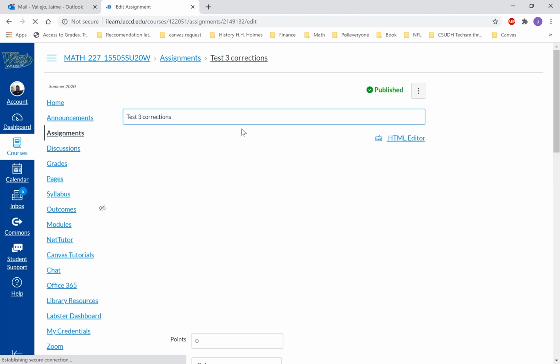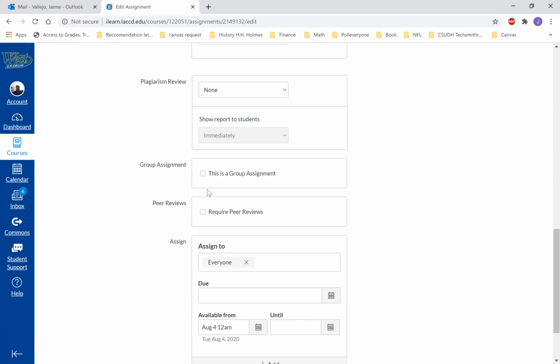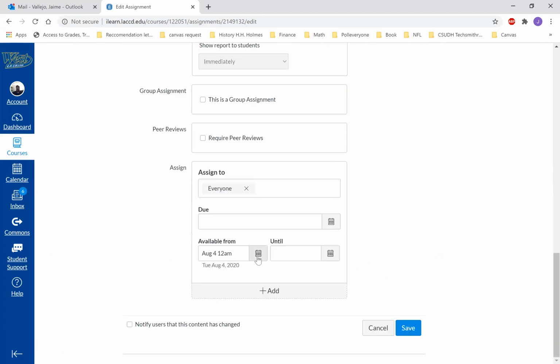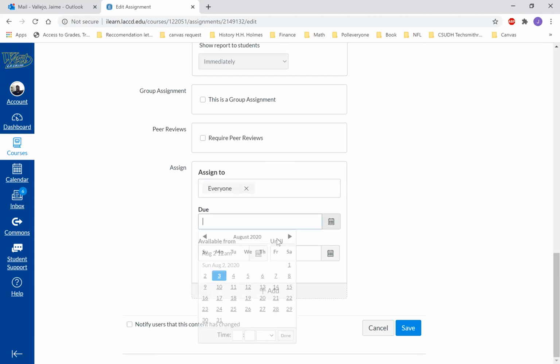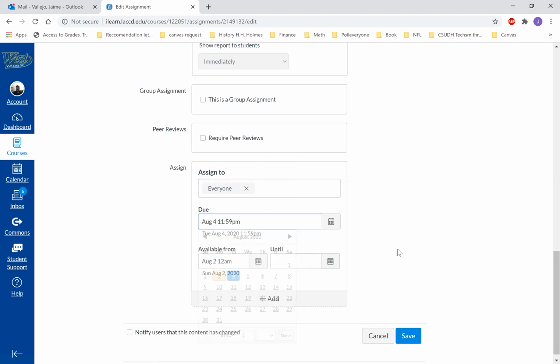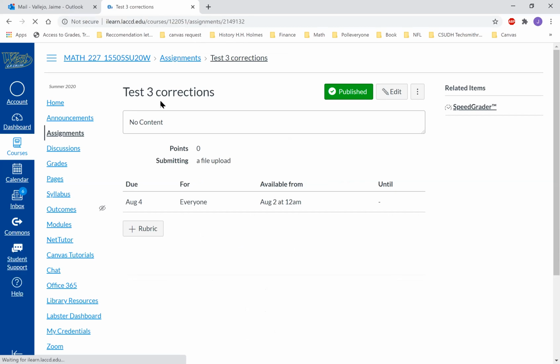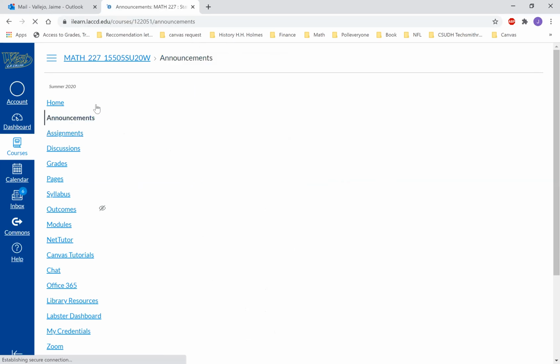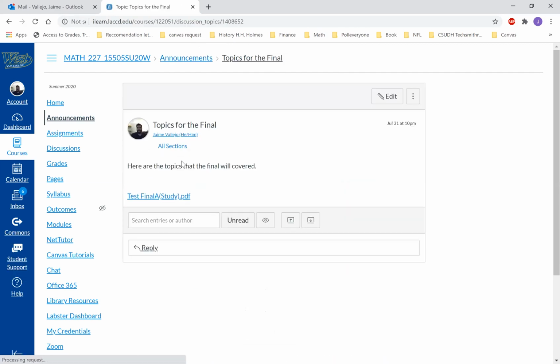Just remember, test correction will be due tomorrow. So if you still haven't done your test correction, do get it done as soon as possible. I also sent out an announcement with the final exam topics, so you do want to go over it.